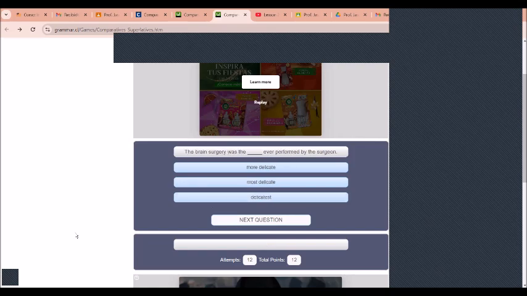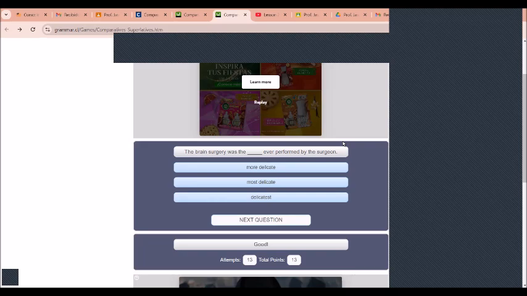Next one, Joali Garcia. The brain surgery was the more delicate ever performed by the surgeon. All right. How many surgeries? One, two, many surgeries? What do you think? One of many. Ever performed tells us that he has done many surgeries.